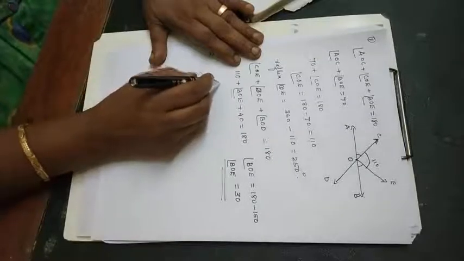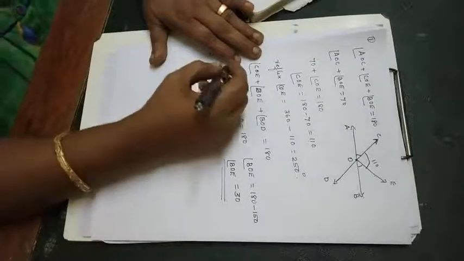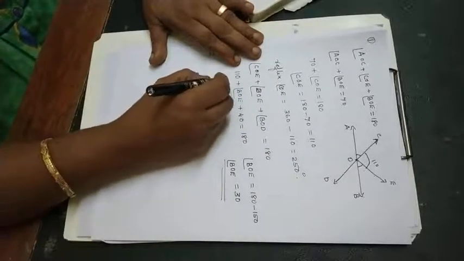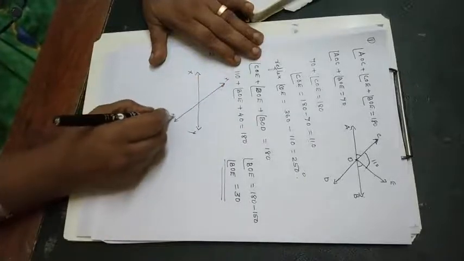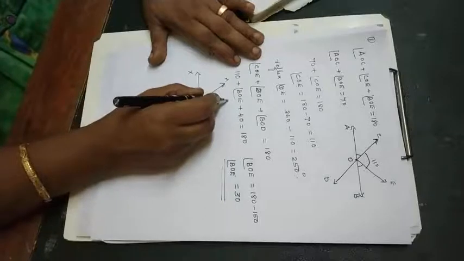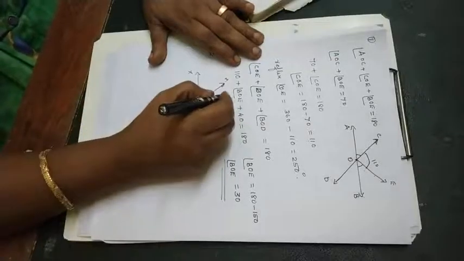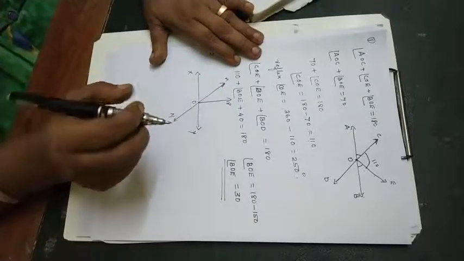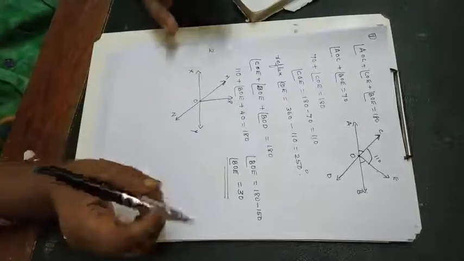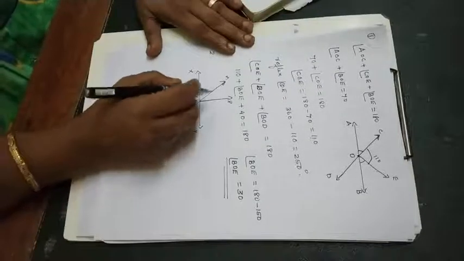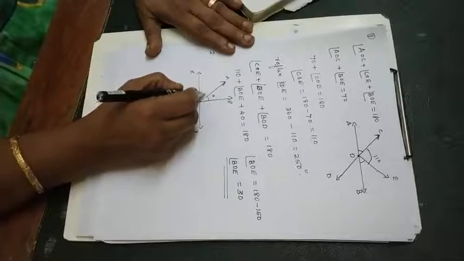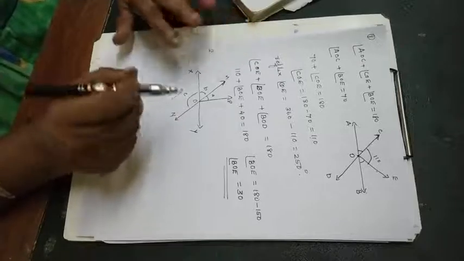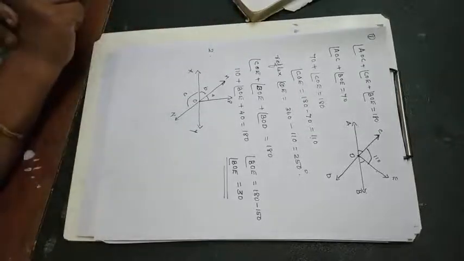Now another line is cutting that one, that is MN. Now one ray is there, OP. Now this one is a and b. This one is c. You are asked to find out value of c.